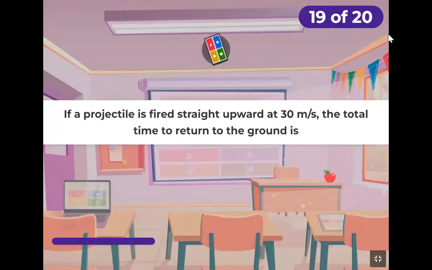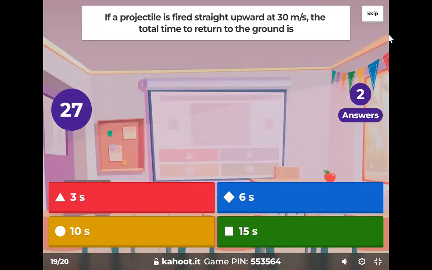Projectile fired straight upward at 30 meters per second. I think we just solved this. What's the total time to return back to the ground? Oh, you were meant to get a paper.